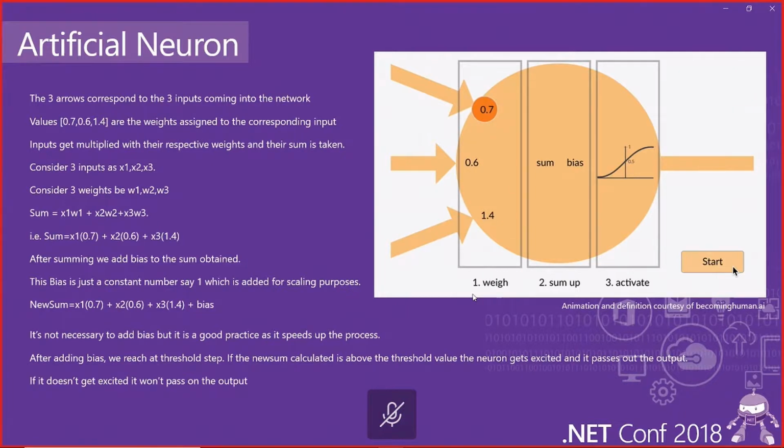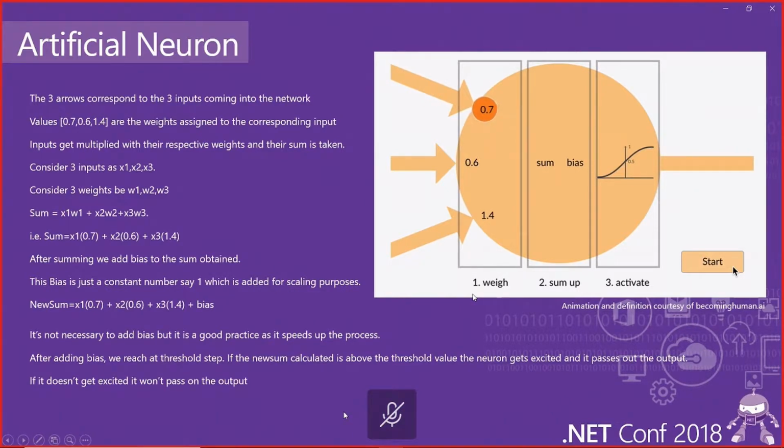The bias is just a constant number, let's say 1, which is added for scaling purposes. So the new sum will be something like this one. It's not necessary to add a bias, but it's a good practice, and it's good for speeding up the process.